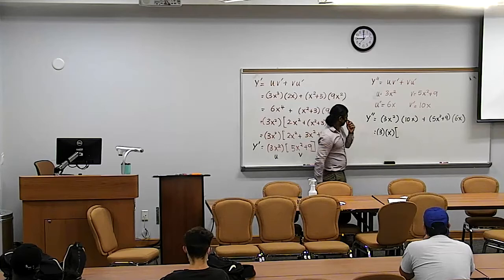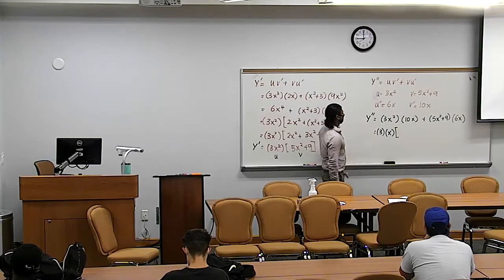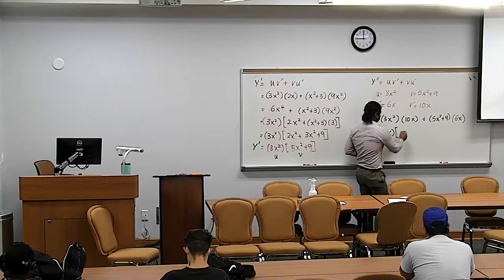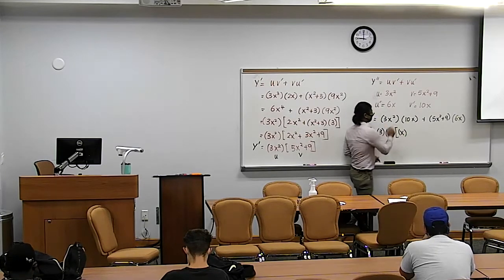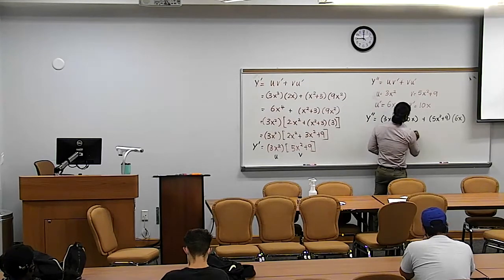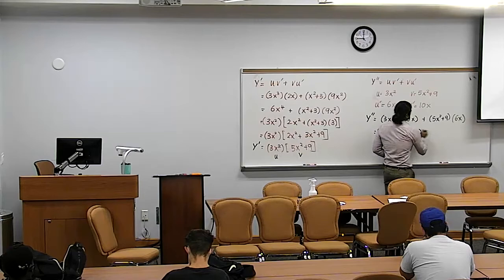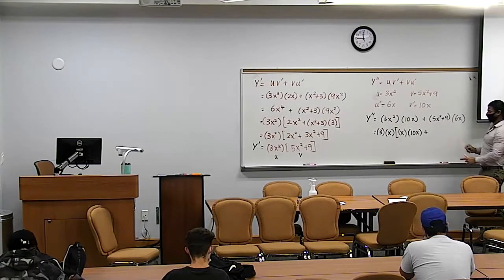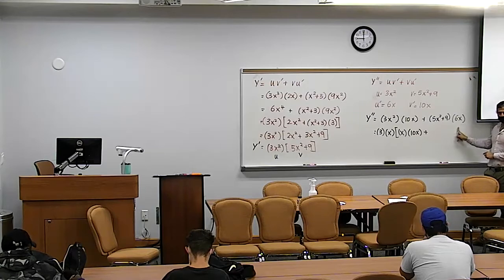So I don't see anything else being common right now. So we took out 3, we took out x squared, which means we are left with x. That would remain as is, 10x. We took out 3, we took out x, so we are left with 2.